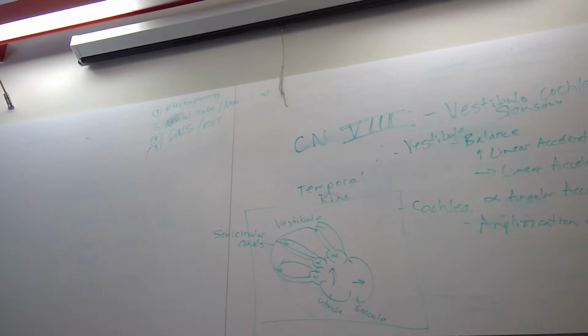It's fluid trapped within a tube that's trapped within fluid within another tube. So it's like a tube within a tube and then fluid in both. Got me? So when the fluid in the outer one moves, then the apparatus inside moves. And the cells that are inside the apparatus that moves send a signal.